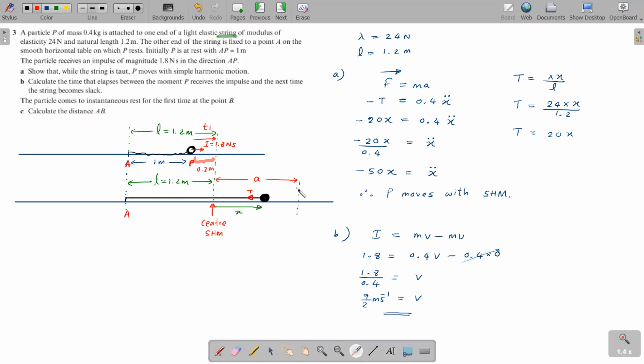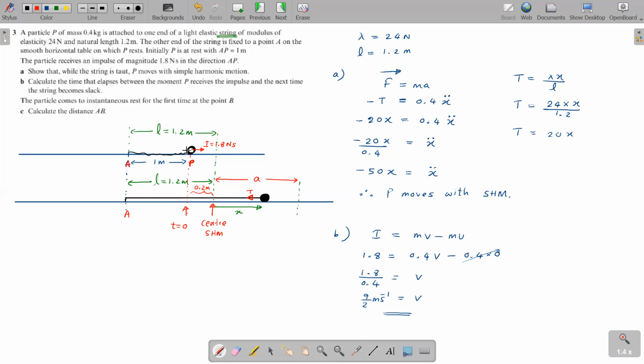Are you with me? Let me break this down. Look at my diagram. The particle P starts from here. This is the t equals 0 place, where the object was at the beginning. Then it moves this 0.2 meters under constant velocity.